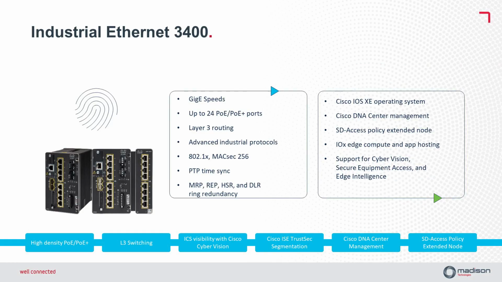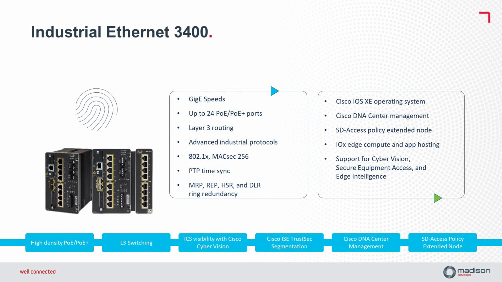So next up is the IE3400. In addition to the 9300, Cisco offers the Cisco Catalyst IE3400 and 3100 ruggedized switches as well. These switches provide advanced gigabit Ethernet connectivity in a compact form factor that is built to thrive in challenging environments.